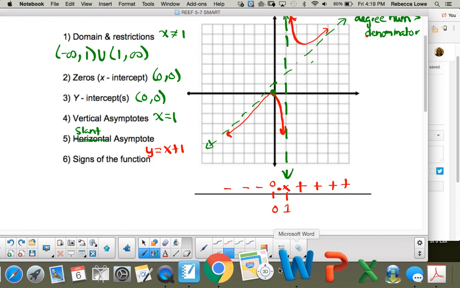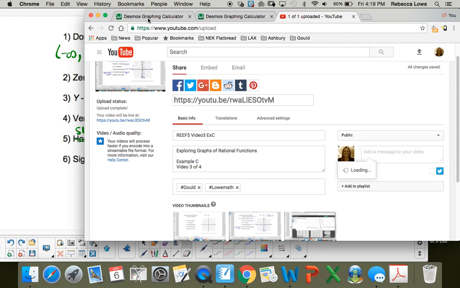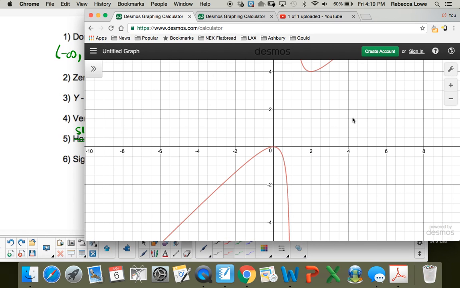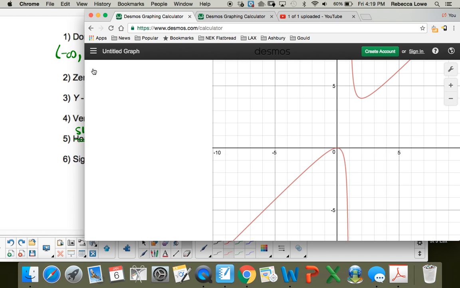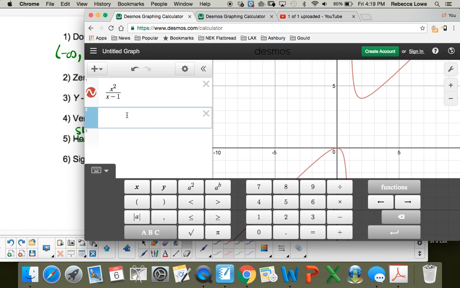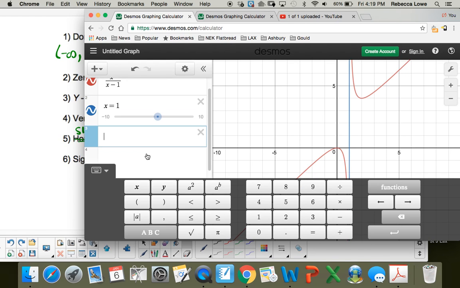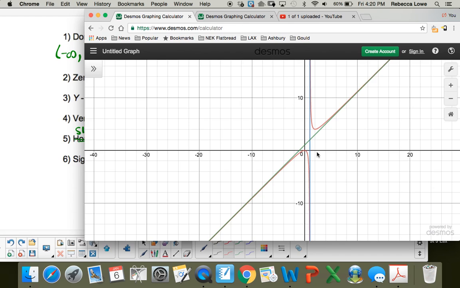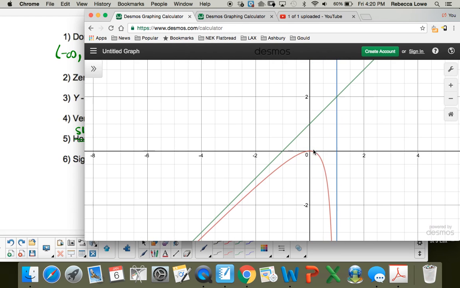And if I go to Desmos, you can see that's exactly what the function looks like. So let me put in the slant asymptote. Well, first the vertical asymptote is x equals 1. See that? And then the slant asymptote is y equals x plus 1. Let's see how it hugs those. Pretty cool. I think it's pretty cool.